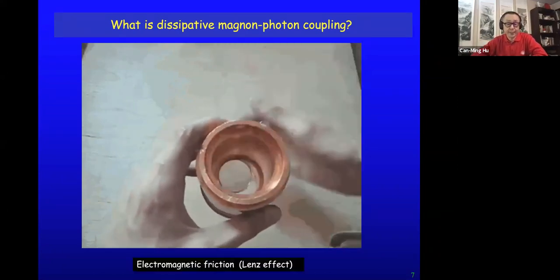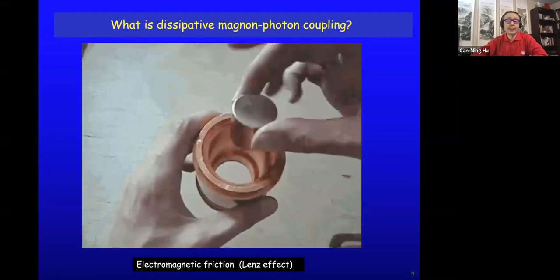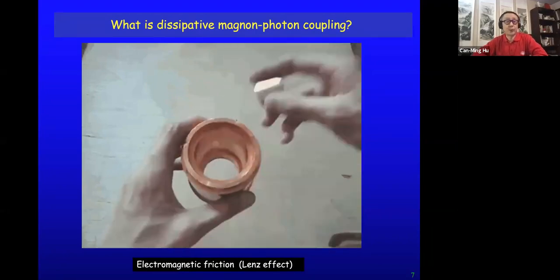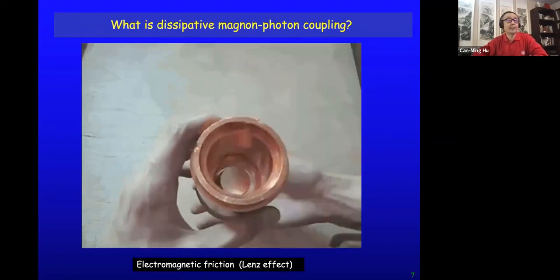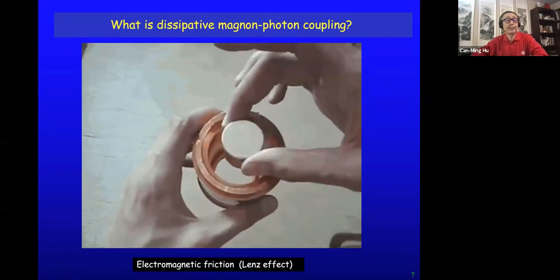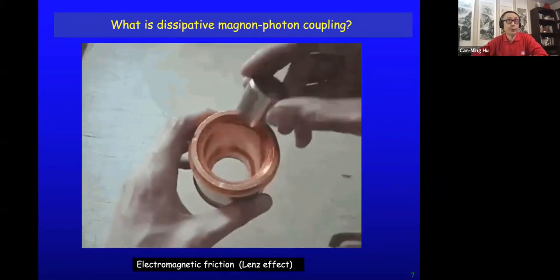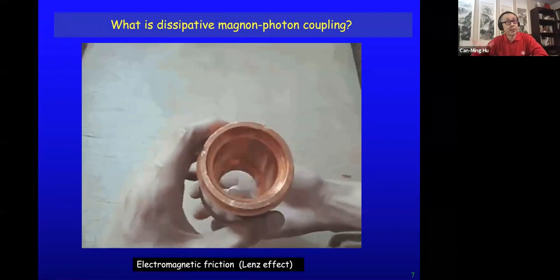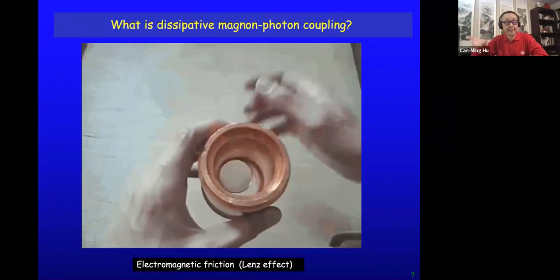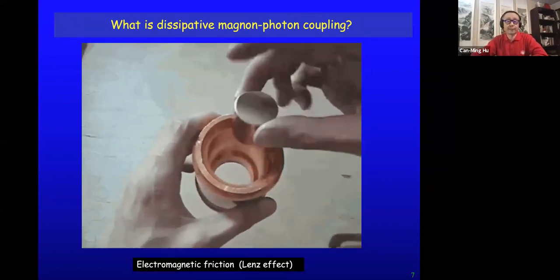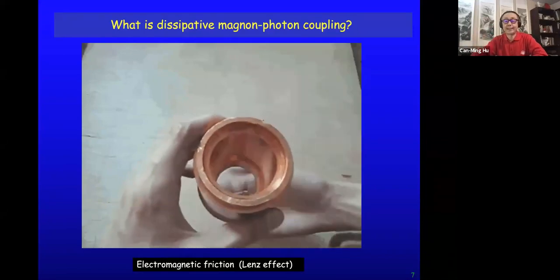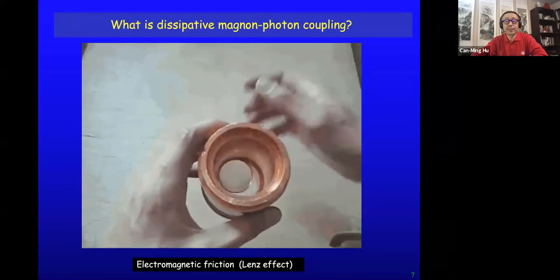And indeed there is a frictional force, and we know that is due to the Lenz effect, which induces current in the copper tube, and the effect tries to oppose the change of magnetic flux, which means opposing the motion of the magnet.